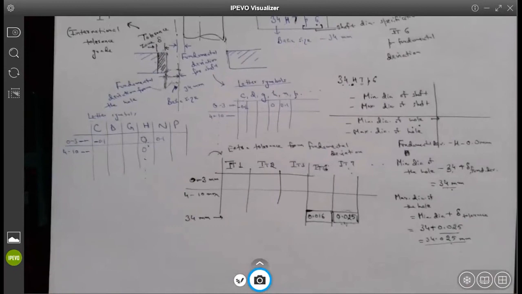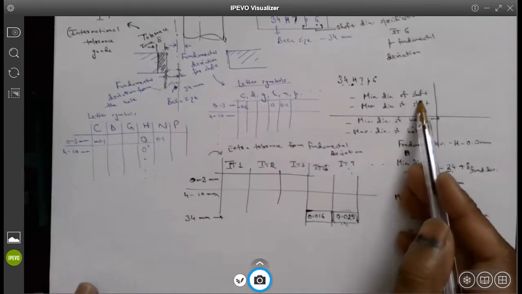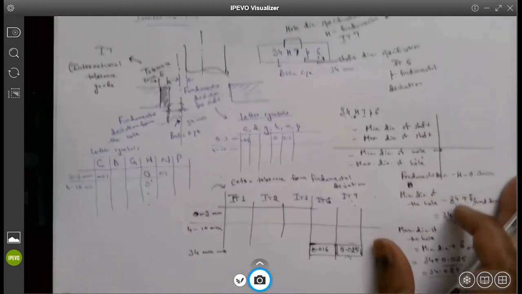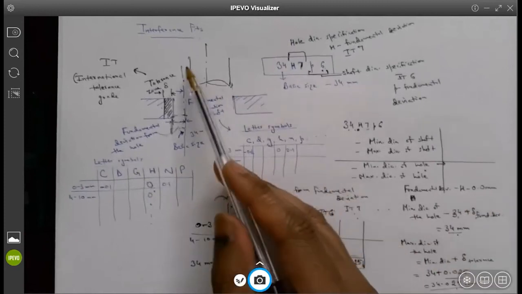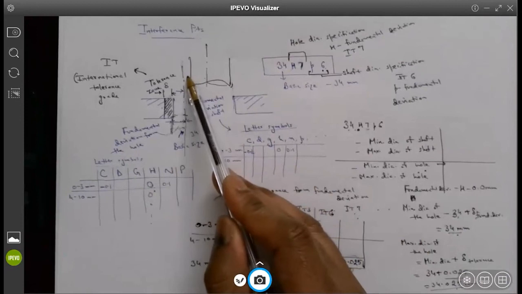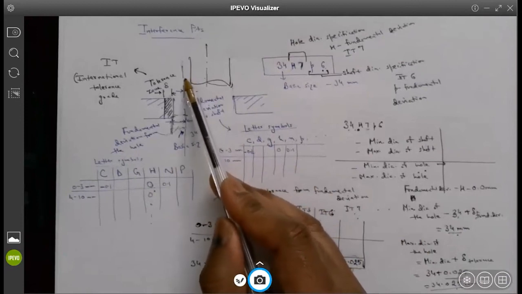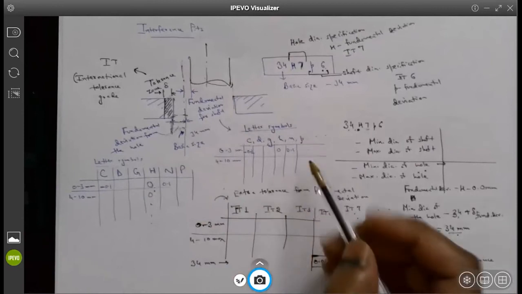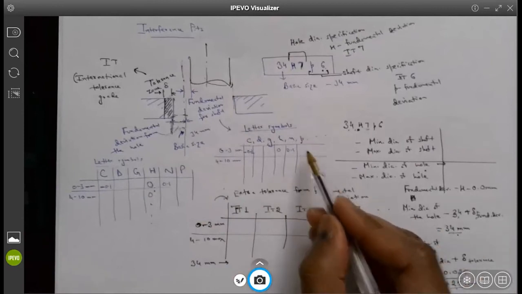Can you guys help me similarly for the shaft? The shaft diameter can be determined by what? If I refer to this, my basic size is 34 millimeters, and on top of that I have to add my fundamental deviation, which is given by this chart. Can somebody tell me, by looking at the table, what the P stands for?